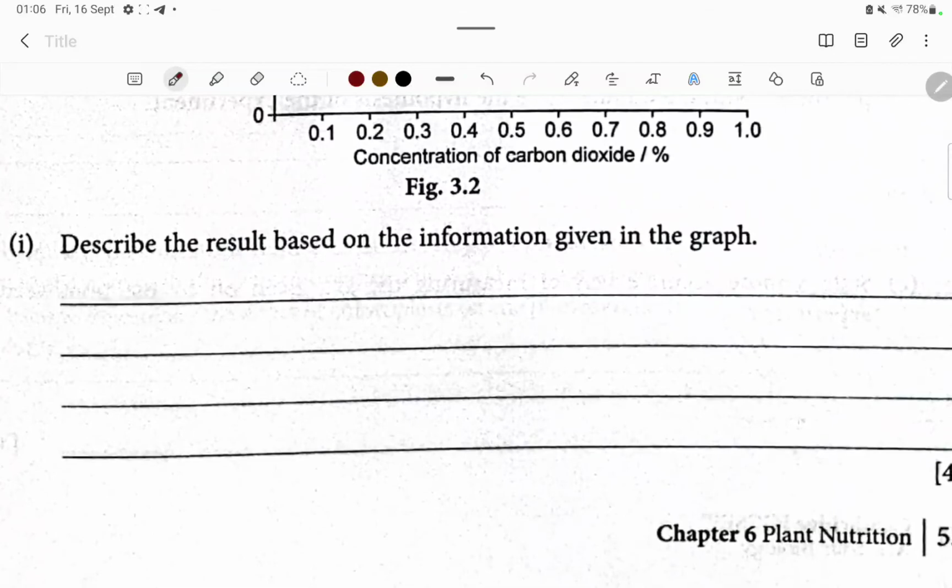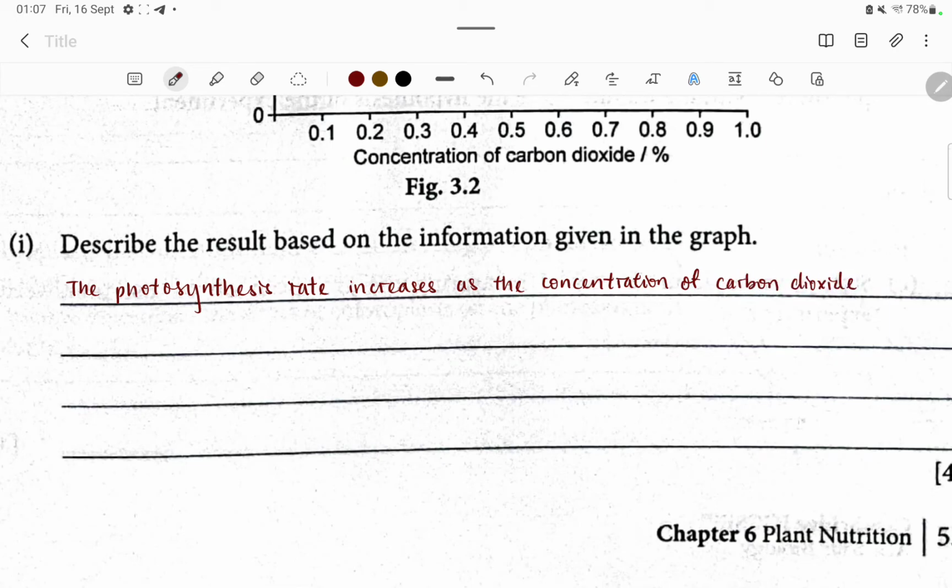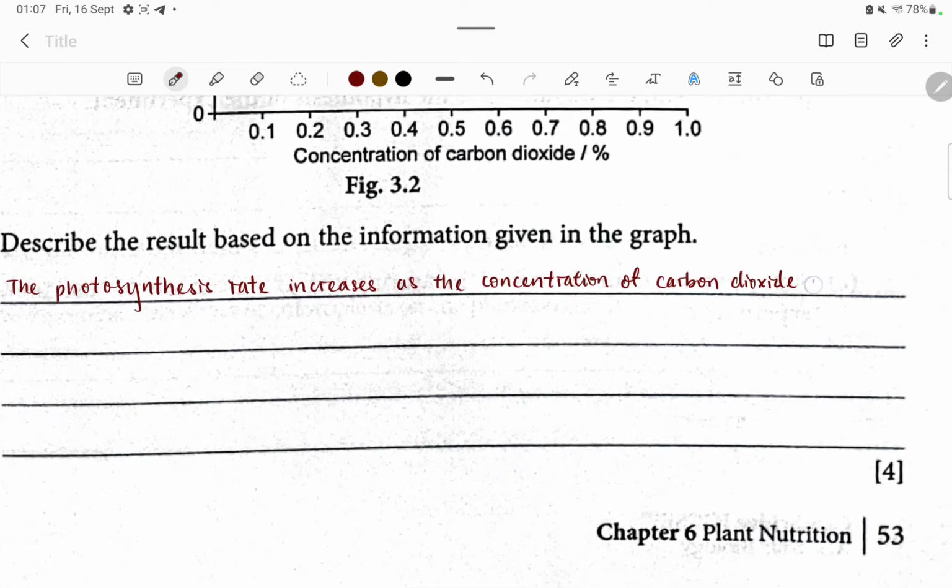So here you write the photosynthesis rate increases as the concentration of carbon dioxide increases.